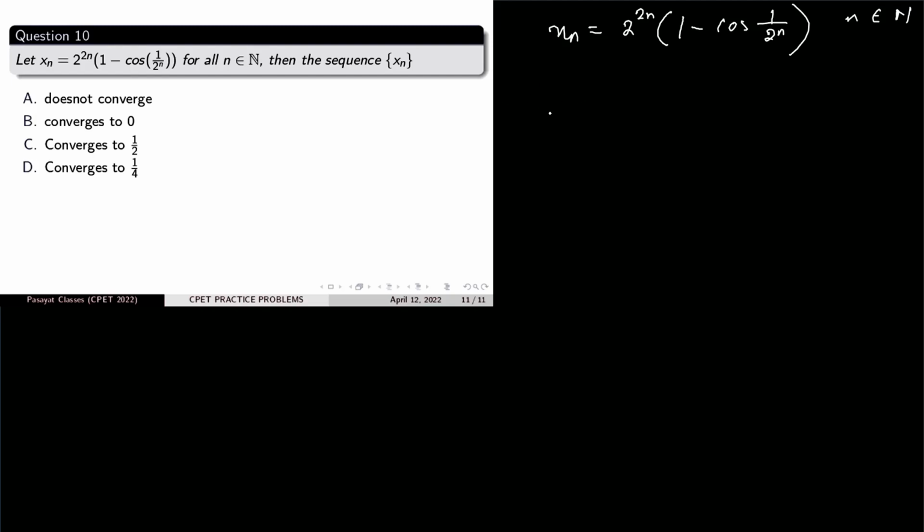So we can rewrite the sequence xn is equal to 2 to the power 2n whole into 1 minus cos theta, this can be written as 2 sin square theta by 2. So this one is 2 sin square theta by 2, that means 1 by 2 to the power n plus 1 and bracket close.